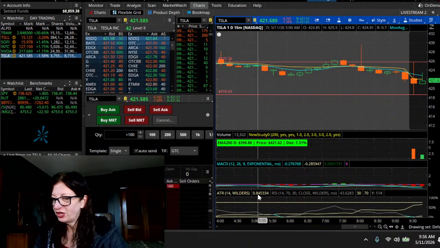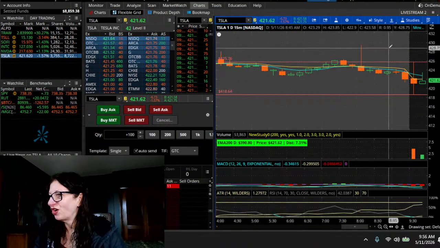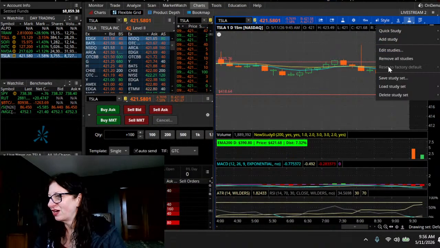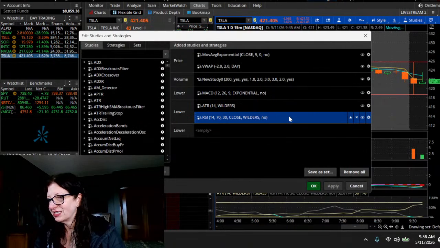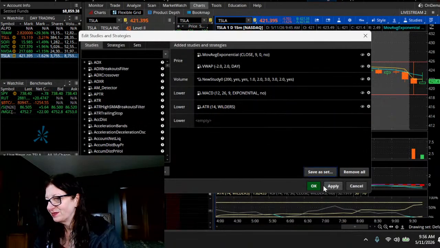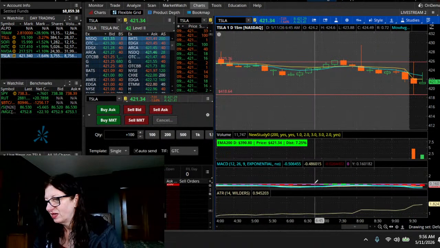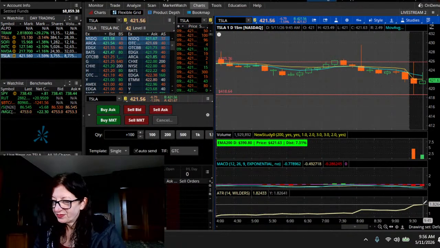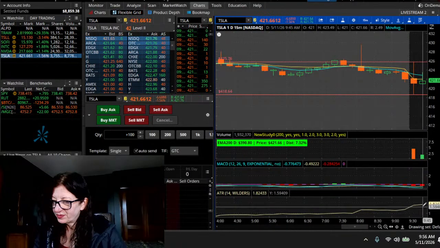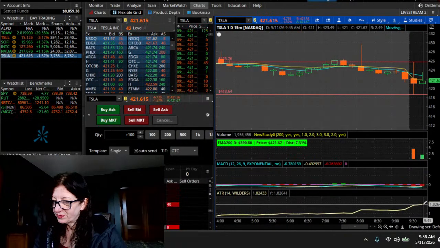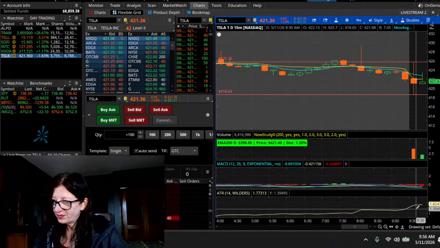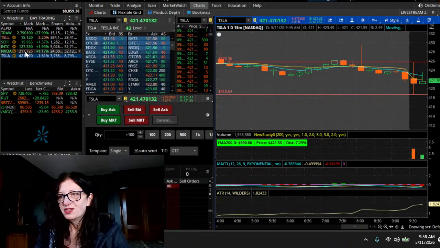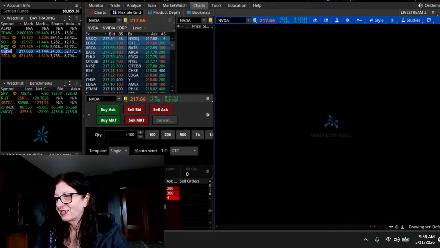Because I actually put it on the chart with the RSI, but let me take the RSI off so I can see what I'm doing. Edit studies. Okay, I didn't change the study set, but so this is very interesting.